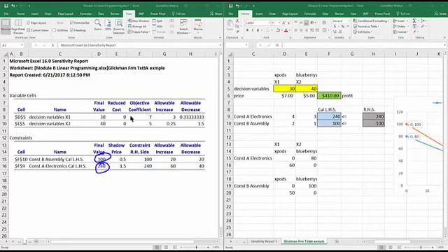Okay. The next interesting thing is the shadow price. Let's talk about the shadow price for the electronics. The shadow price for this constraint is 1.5.